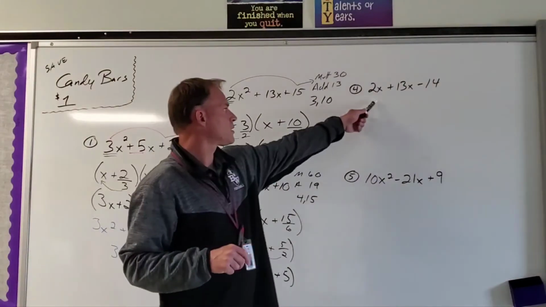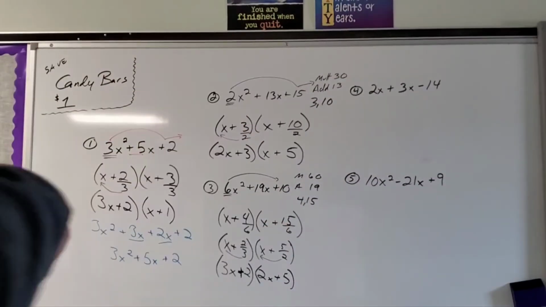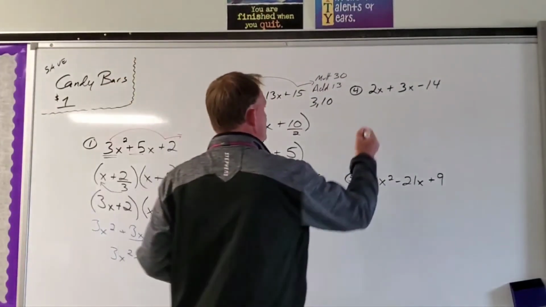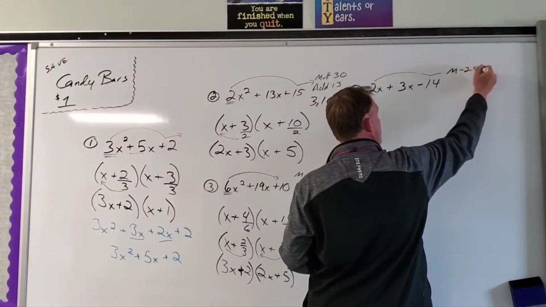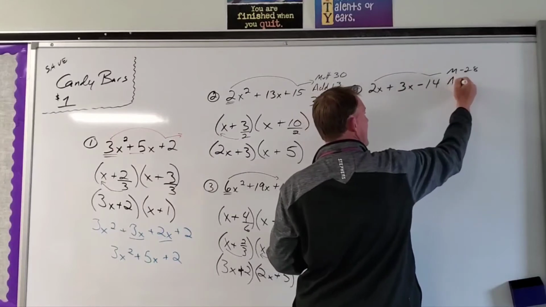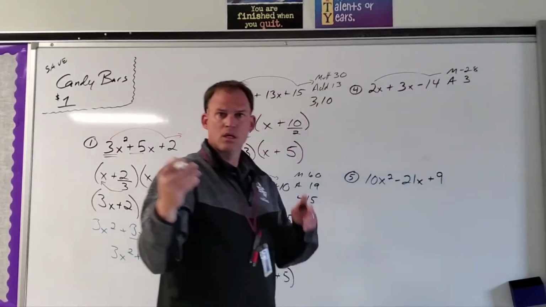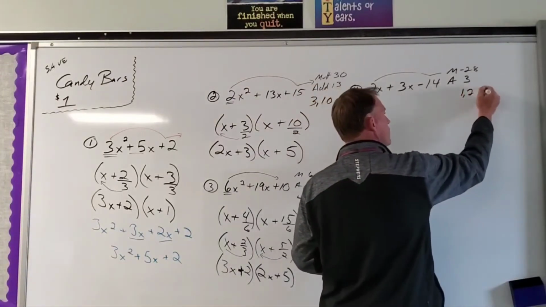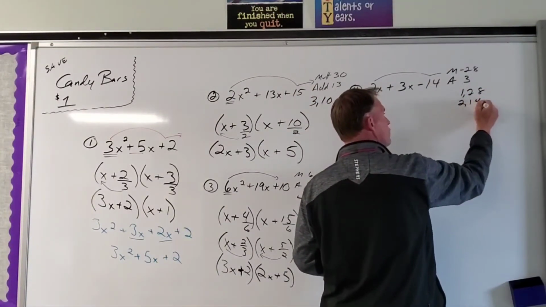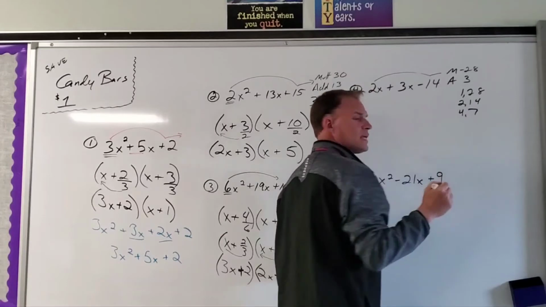All right, I'm gonna do this one with you. So it multiplies to negative 28, adds to positive 3. So I look at my sheet, I look at my list. 1 and 28, 2 and 14, 4 and 7.